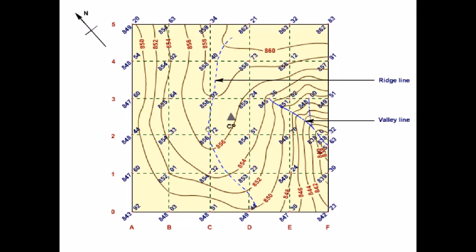So you have a peak that has a decreasing elevation as you move down, but if you're standing at the top and you keep walking in this direction, the elevation would keep on increasing in a straight line. And if you go to the left, the elevation decreases, and if you go to the right, it decreases, and if you come back, it decreases as well. So this represents a ridge line, and this over here represents a valley line.